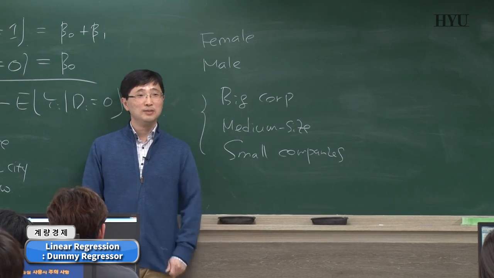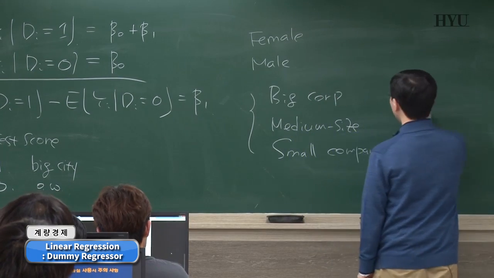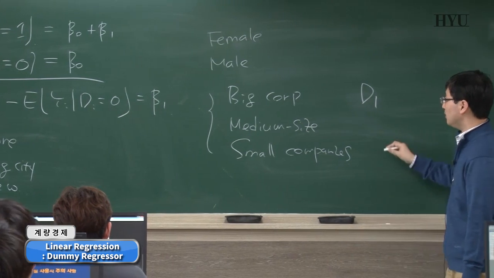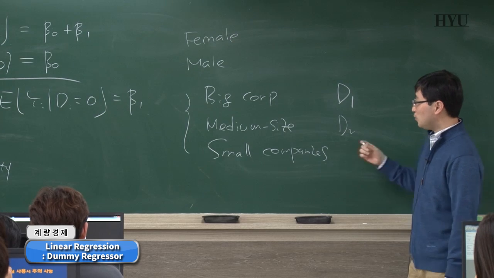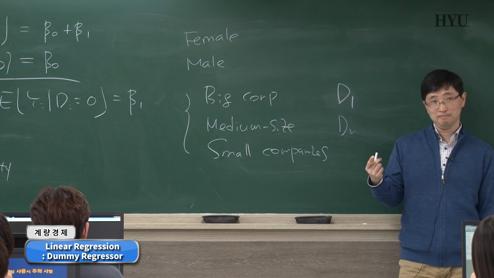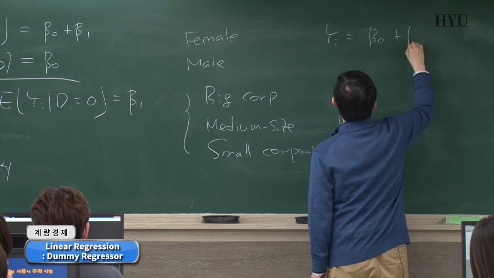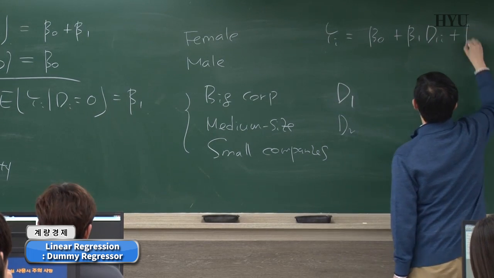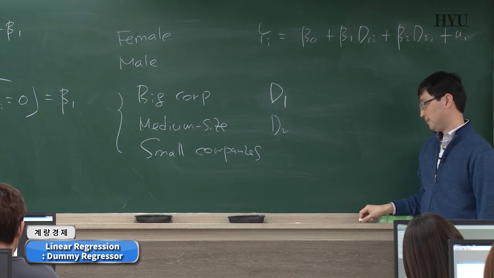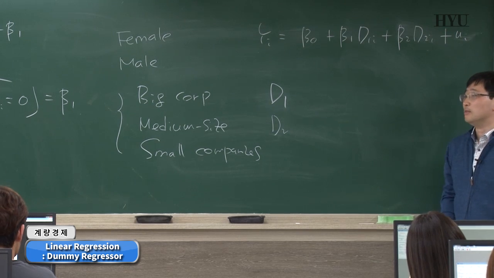So how many variables do you need? You need two dummy variables. Maybe you have D1 that gets 1 for every big company and 0 otherwise, and you have D2 that gets 1 for every medium-sized company and 0 otherwise. You don't need 3, right? Now suppose that you have a regression like this. So you have two dummies, so you can use them in your regression.